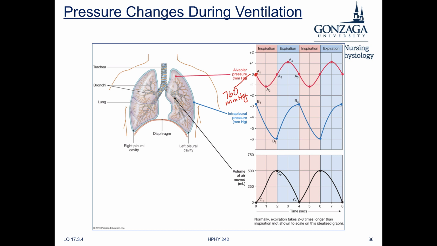But the point is, as we begin to inspire, our chest expands, okay? Because the volume is increasing in our chest cavity, the pressure in the alveoli is dropping below atmospheric pressure, so we're creating that pressure gradient just by expanding the volume.